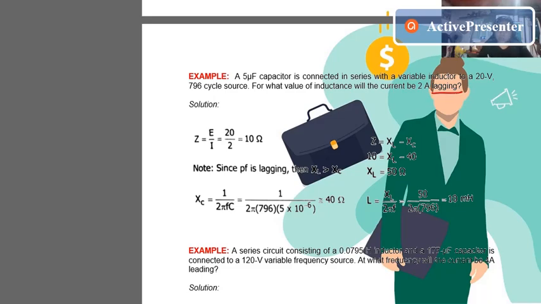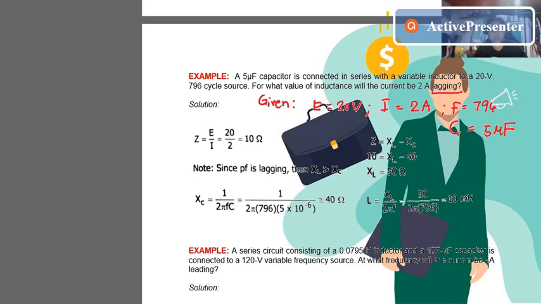So first we need to write our given. Our voltage is 20 volts and our current is 2 amperes. Our frequency is a 796 cycle source and our capacitor, C, is 5 microfarad.